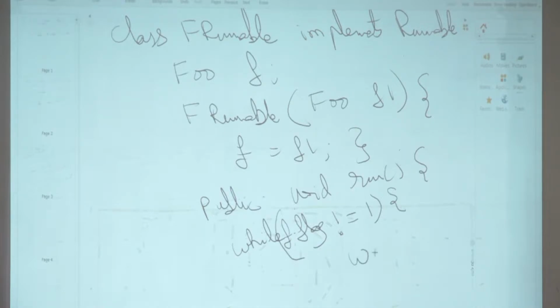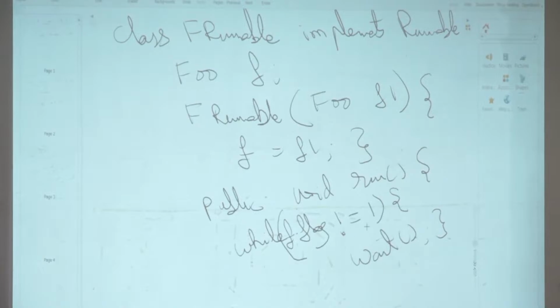I should wait. I'll explain all this, but I'm just giving you a gist. While F dot flag not equal to 1, wait. I should just suspend, because for me, until flag becomes 1, I should not do anything. So if flag is not equal to 1, I'll wait.